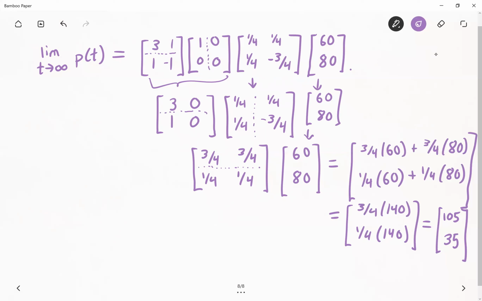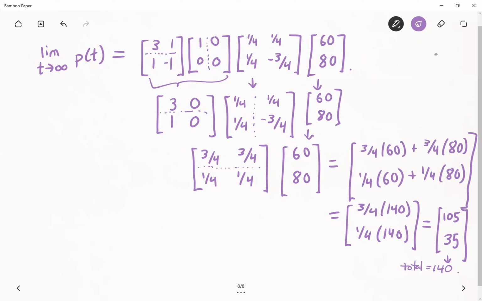A quick way to check that is that since this is a migration model, the total population never changes. Notice that it still sums to 140. Kind of a nice, easy way to check.